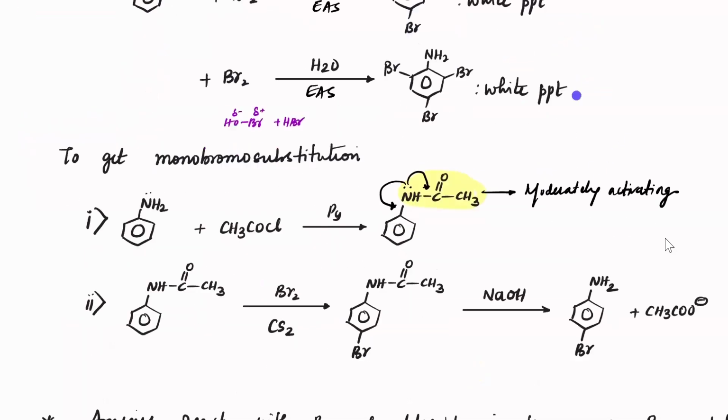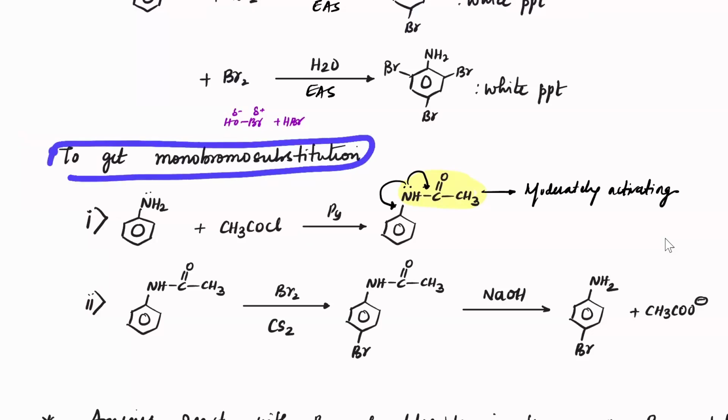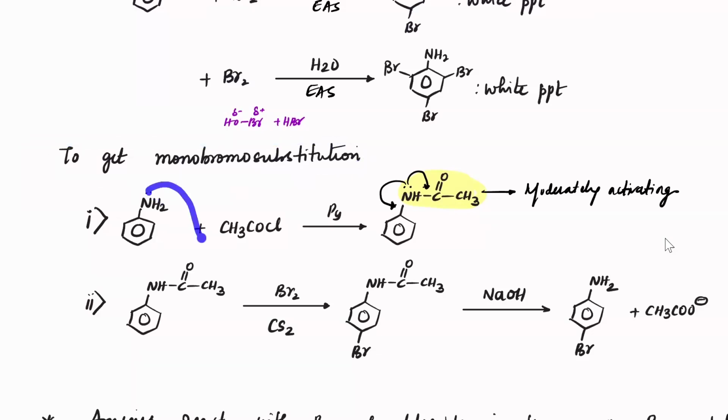In case I want mono substitution, the first thing we need to do is acylation, remove this chlorine out, so we get acetanilide. Acetanilide is a moderately activating group here, because of which if you now react with Br2 in CS2, or in NCERT they have emphasized using acetic acid, which I will write as AcOH, you will see bromination happening at the para position.